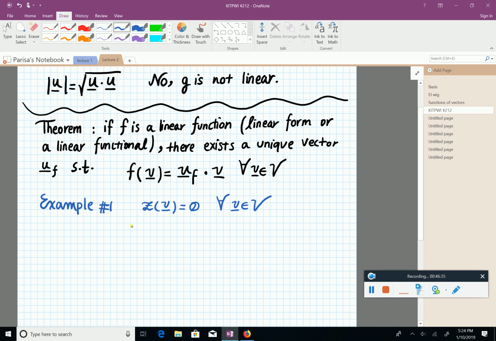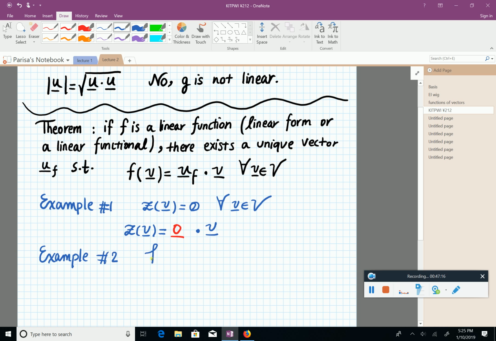So basically what this theorem says is that this function, you can write this function, the operation, as an inner product of some vector and the argument vector v. What is the vector here? Yeah, this is very simple, right? If you take a zero vector, then this is the case. It's basically to show you what this theorem exactly means.